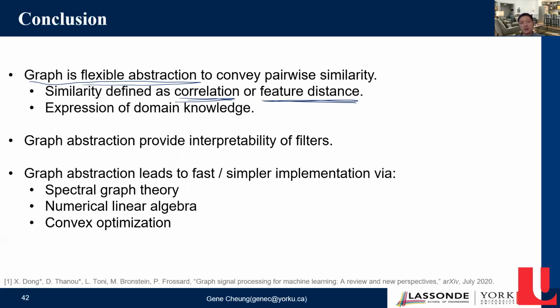You have some feature vector, either learned or pre-selected. Once you have a notion of feature distance, you can define similarity, then you can construct a graph. So it's a very flexible way of describing the relationships among the samples. Graph can also be used as a way to express domain knowledge. If you know a priori which nodes are similar to which, based on a particular domain, this is a convenient way of expressing this domain knowledge.